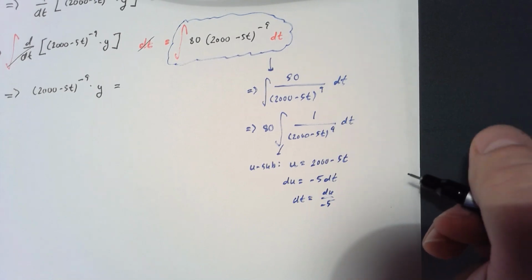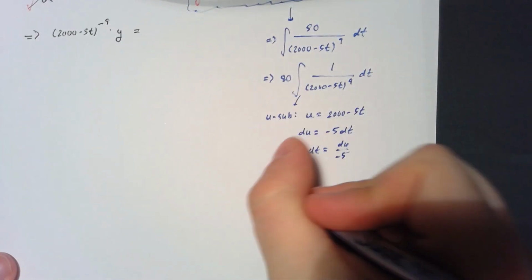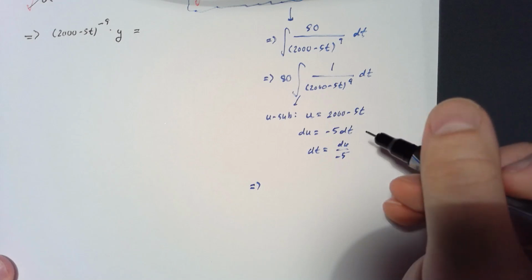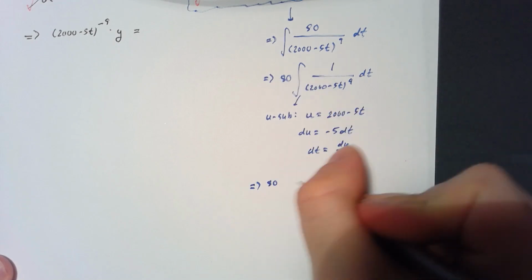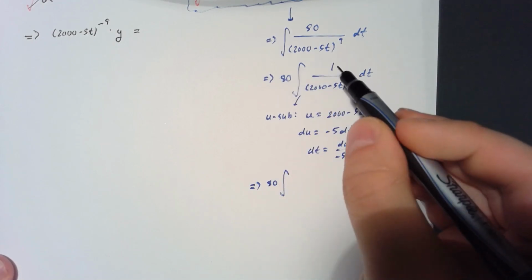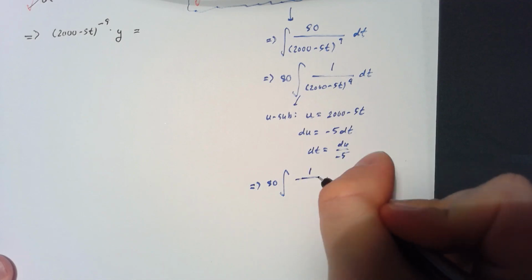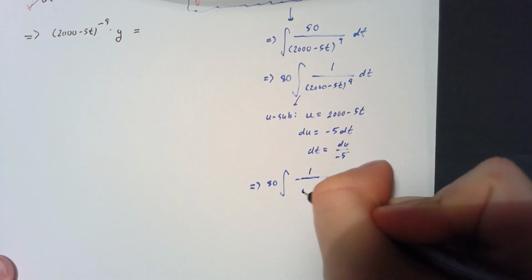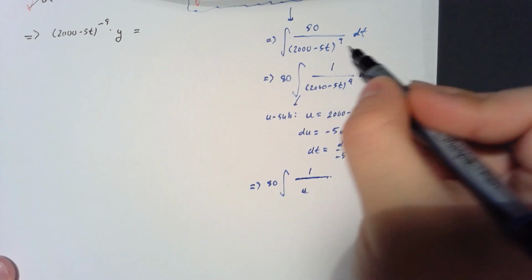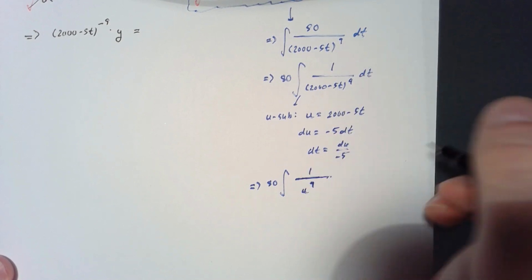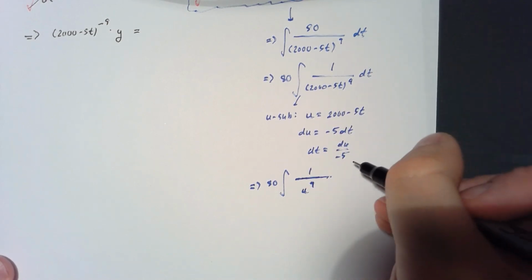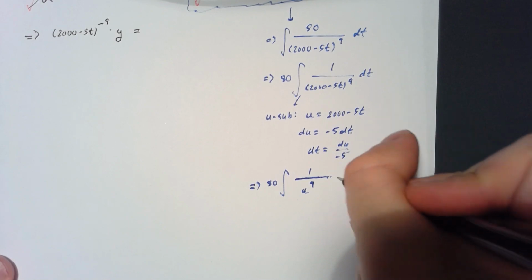Alright. So then when you do that, you get what? 80 times the integral of 1 over u to the 9th power, and dt is now what? du over negative 5.